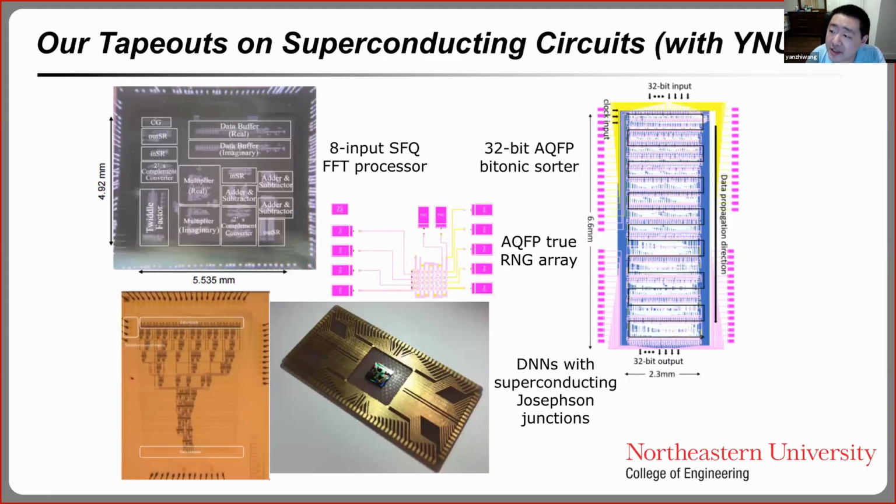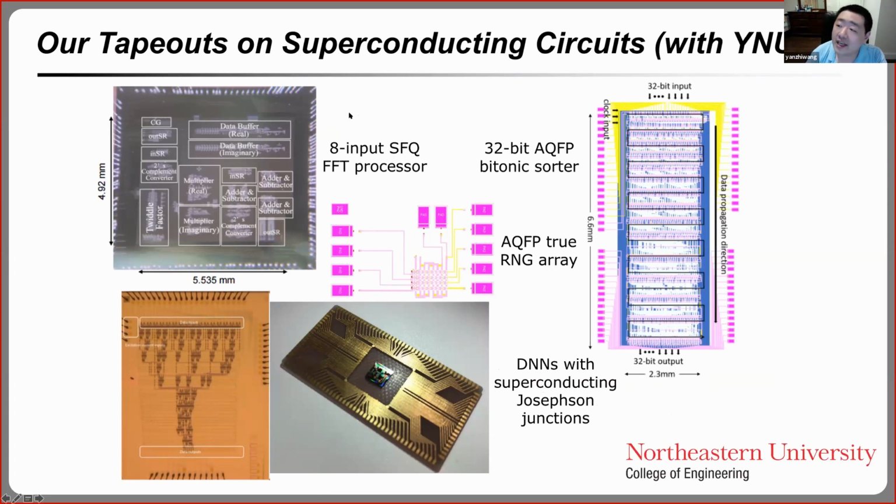Here is a continuation of the superconducting circuits that we jointly designed with Yokohama National University. So these are the superconducting devices which they have built and then tested. And we have built the so-called world's first deep neural network accelerator using the superconducting Josephson junctions.